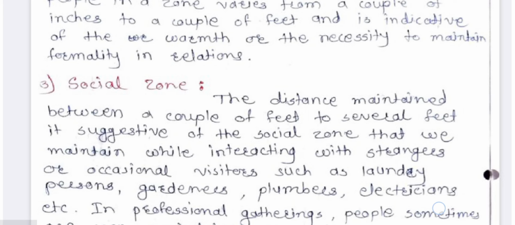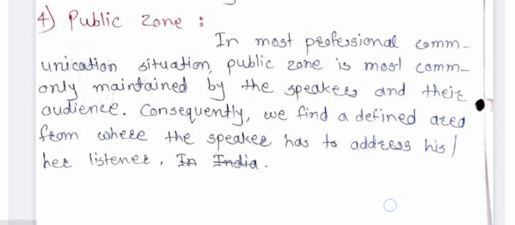Those are the personalities involved in the social zone. And professional gathering people are sometimes seen at such a distance. The fourth is the public zone. It covers most professional communication situations. The public zone is most commonly maintained by speakers and their audience. We constantly find a defined proper area from where the speaker has to address his or her listeners.